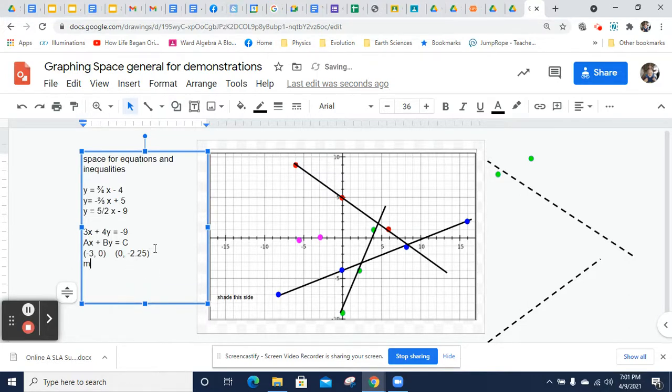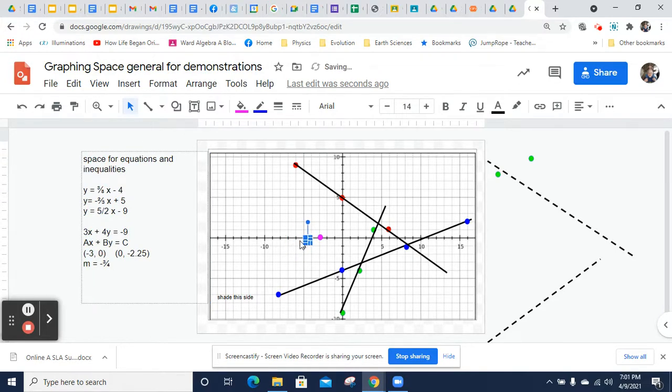I now need the slope. So slope from a standard form equation is the negative of a over b. Since a is 3 and b is 4, I have a slope of -3 over 4. So I'm going to map another point using that slope.